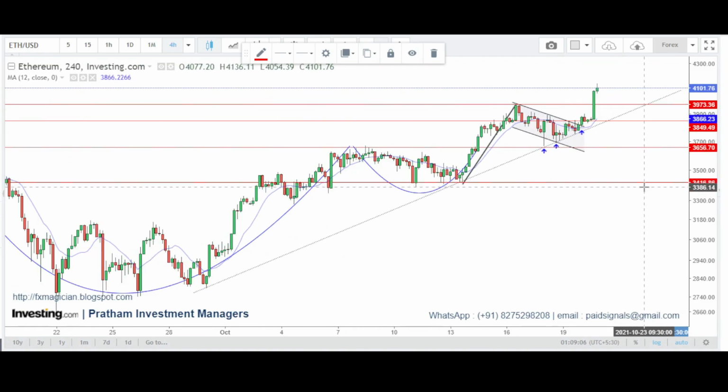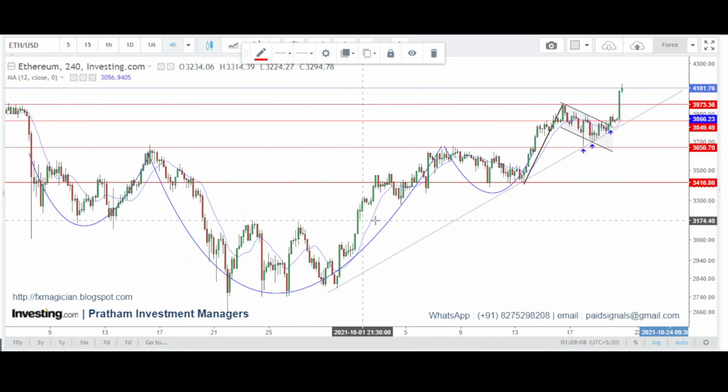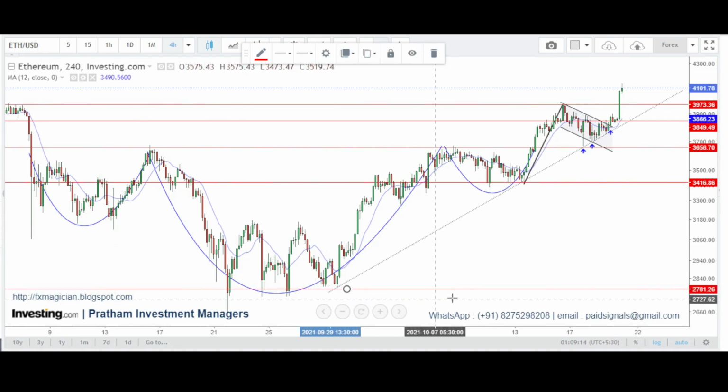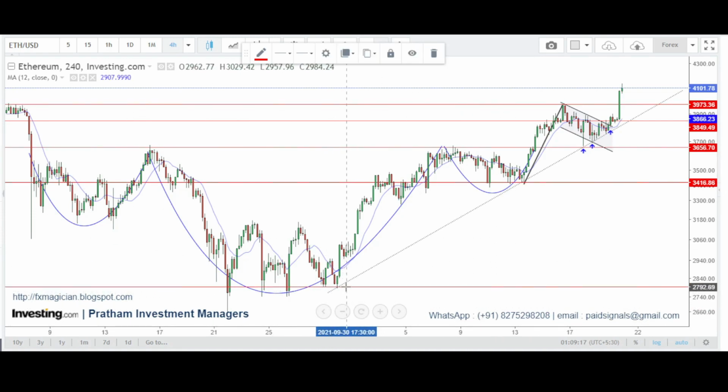Now let's see the breakout of this inverted head and shoulder. We can see that there is a strong base around 2780 area. The neckline is around 3656 area.